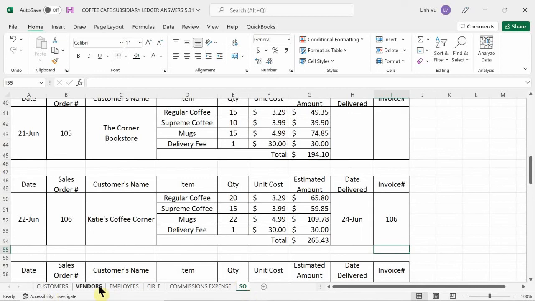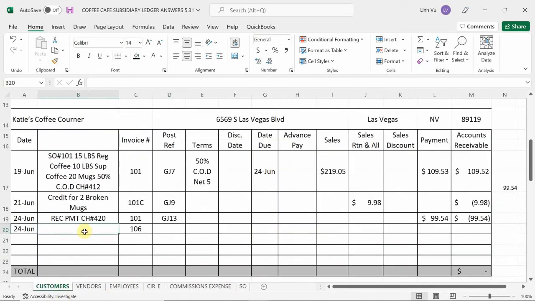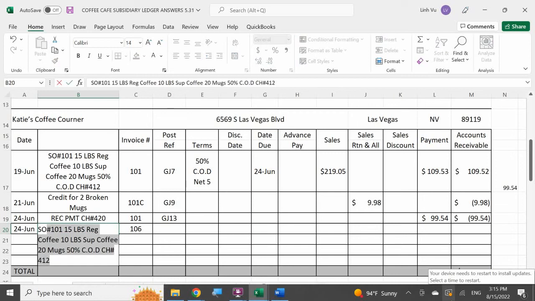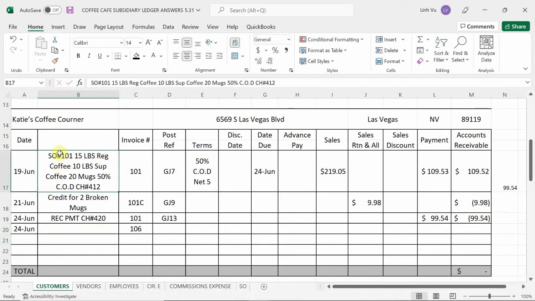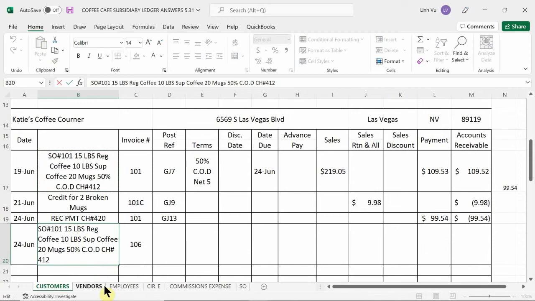Okay, so we have 20 pounds of regular coffee, 101 to 106. And it's 20 pounds and 15 pounds of Supreme, 22 mugs.